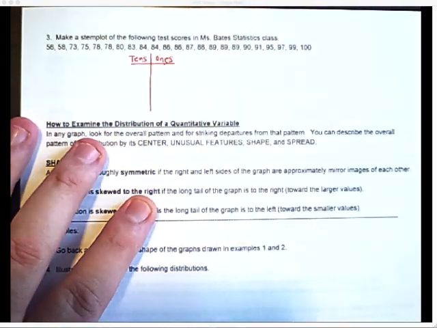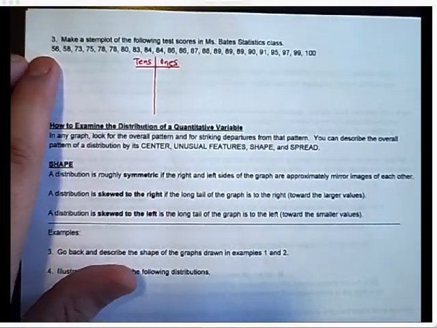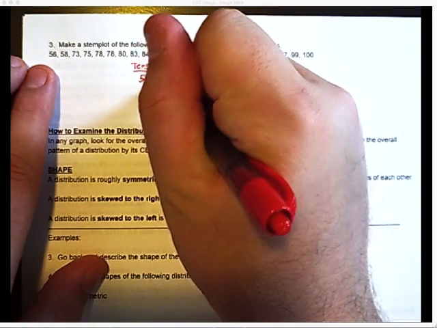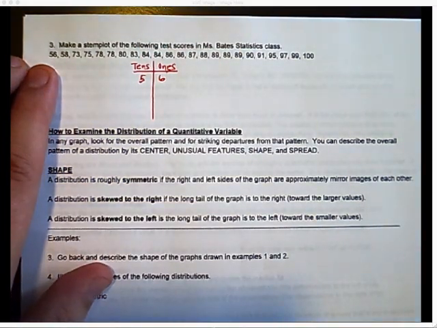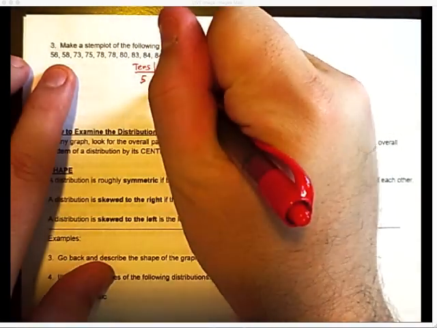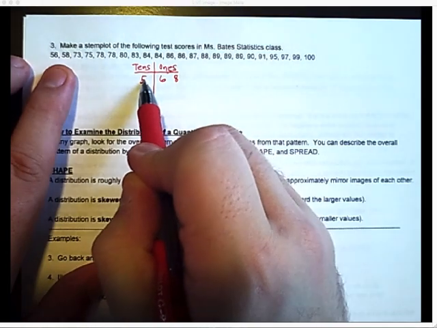The person that had the worst test score got a 56. So the tens unit there is 5 and the ones unit is 6. The next person got a 58. But we're going to put the 8 next to the 6 because it still has a 5 as a tens unit.